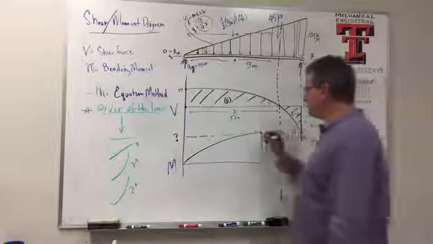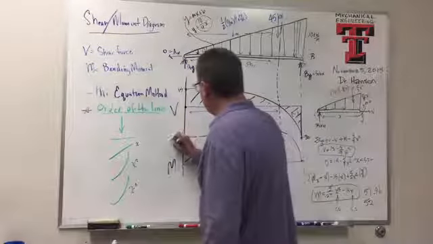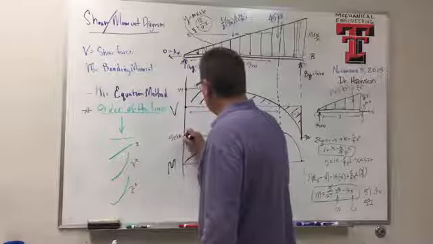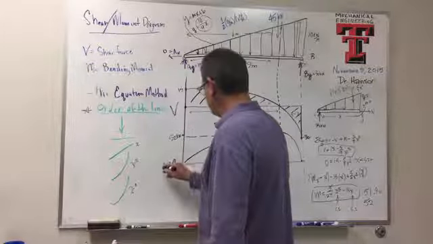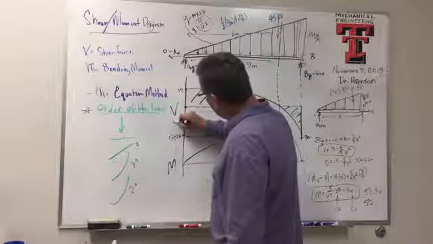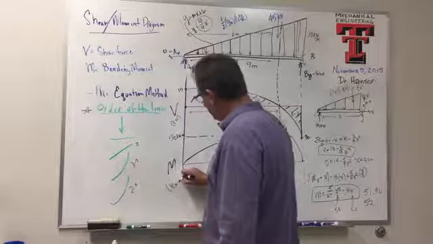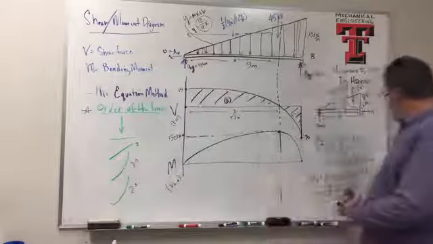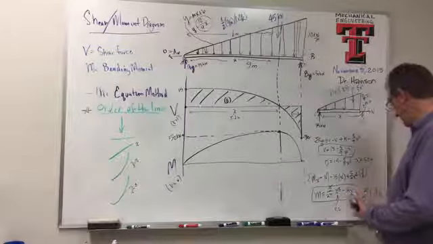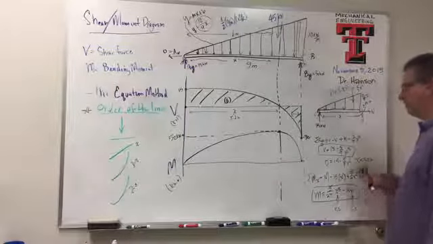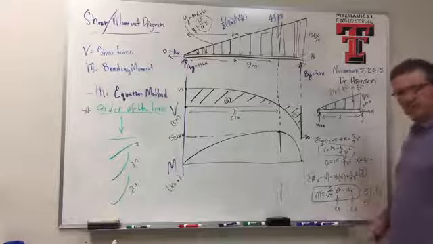So this equals 52 kilonewton meters. The units on this graph are kilonewtons, and on this graph the units are kilonewton meters. And that is how you solve for these numbers using the equation method.